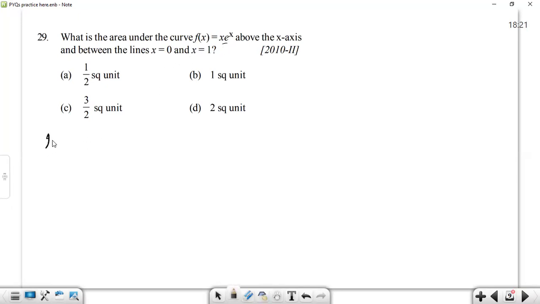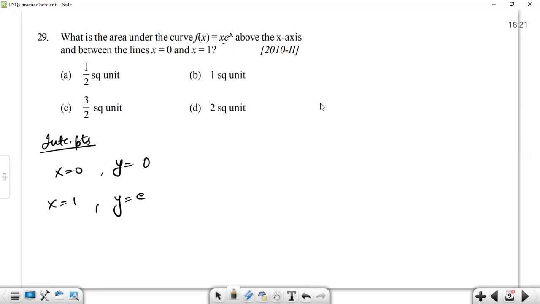So first, find the intersecting points. For x equals 0, y, which is f(x), will become 0. This is one intersecting point. For x equals 1, y will be 1 into e raised to power 1, that is simply e. So now we have two intersecting points and the area bounded by these two limits.